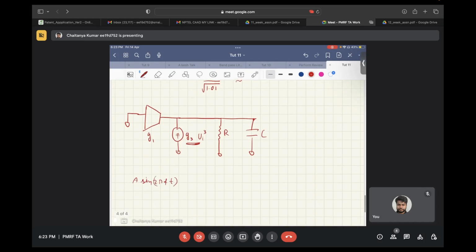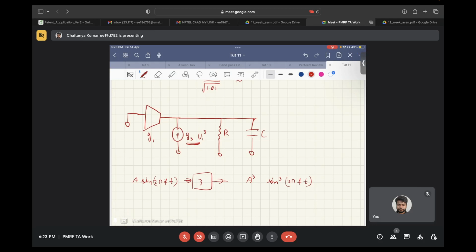On cubing this, you get A cube sine cube 2 pi ft, correct? So, what terms will it contain?